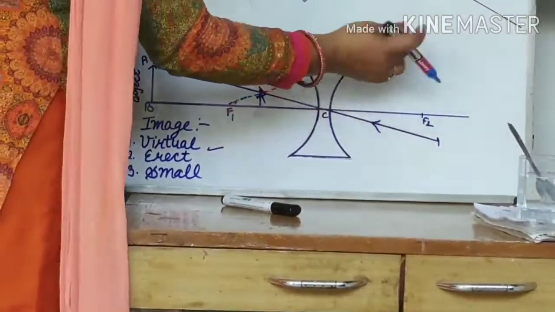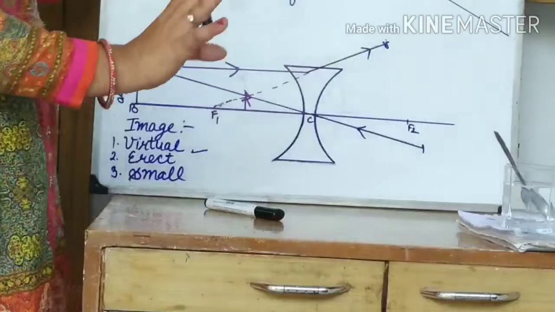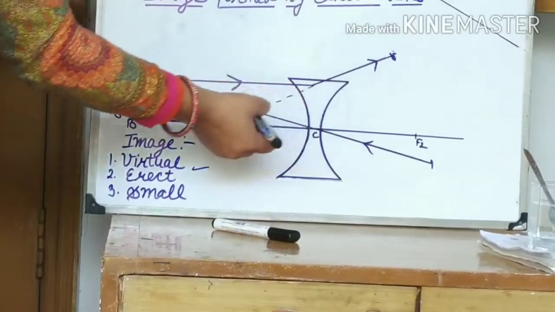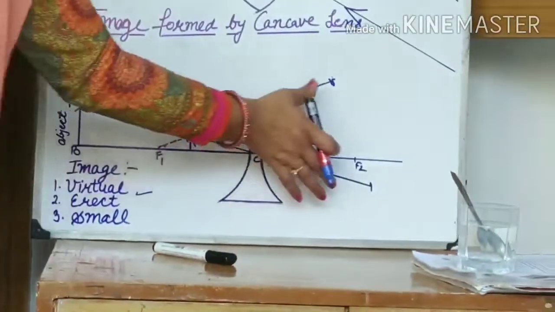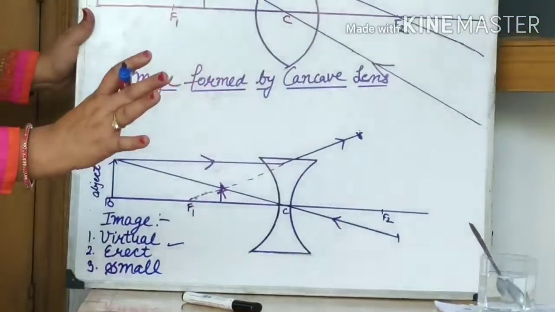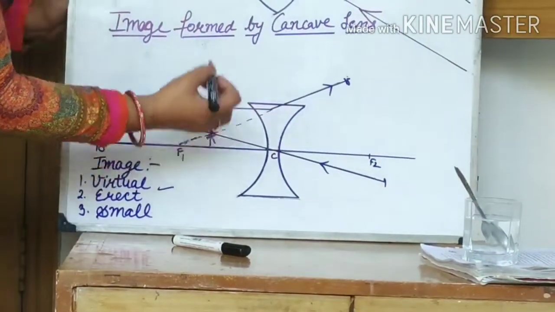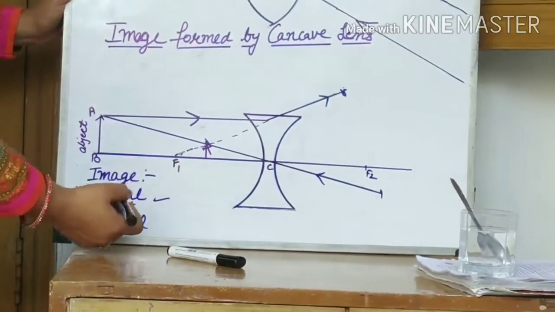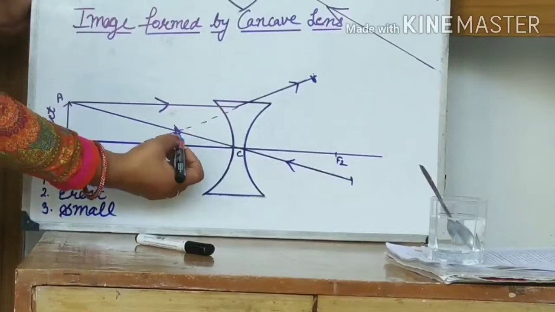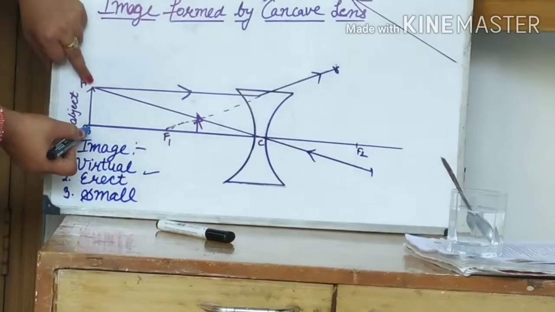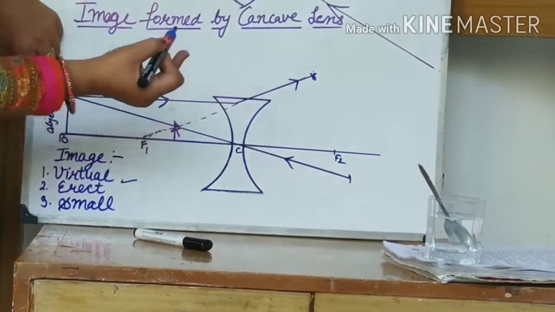Because actually the two rays do not meet anywhere; we produce them at the back ourselves. Actually they are not meeting, so we will not get a real image. Second, the image is erect, upright. And the image is quite smaller in size. See here, the object is this much size, and the image is smaller.